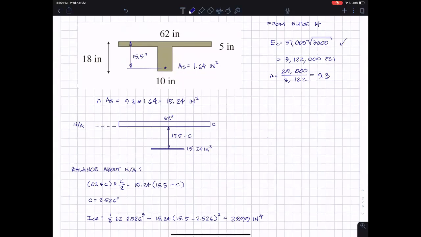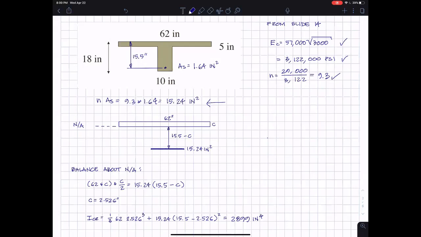And so you get 3.12 million PSI as E. Steel is 29 million, and the modular ratio, which is E of steel divided by E of concrete, is 9.3. And if you remember, the equivalent amount of concrete for a given amount of steel is n times the area of steel. So in this case, the 1.64 square inches of steel is equivalent to 15.24 square inches of concrete.